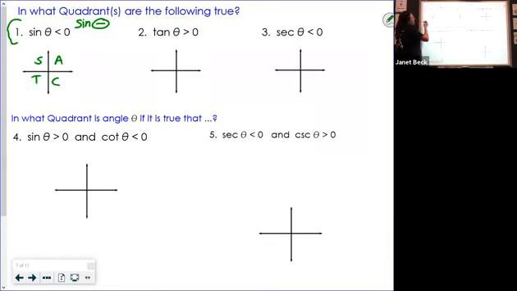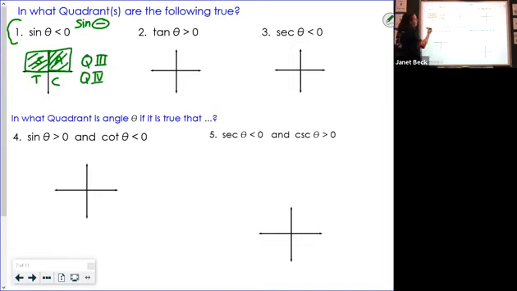Say I want sines that are negative. Well, everything is positive here, don't want that one. Sine is positive here, don't want that one. So my answer is traumatized children. Well, obviously that's not the real answer. My answer is those two quadrants. Those are quadrant 3 and quadrant 4.